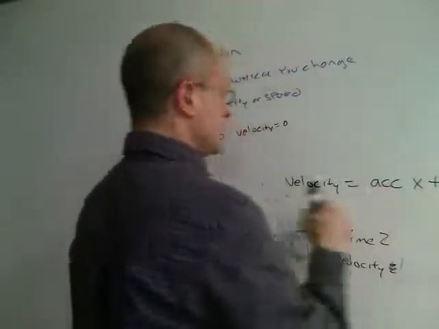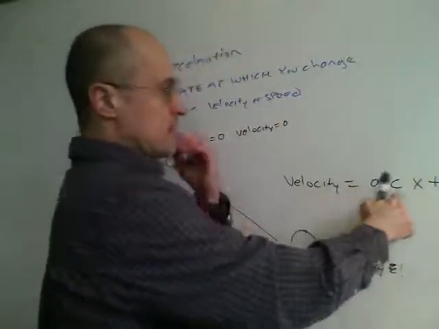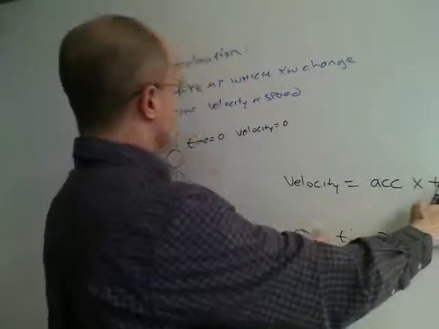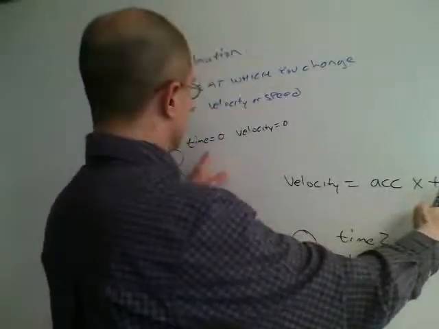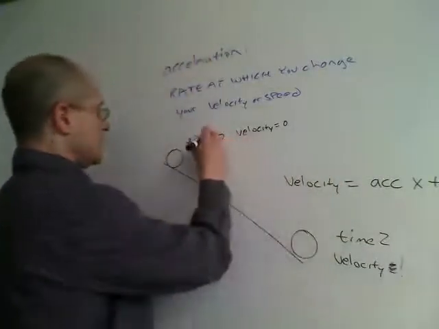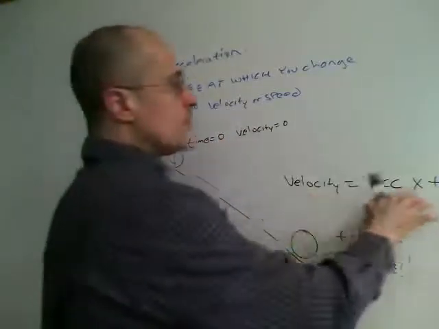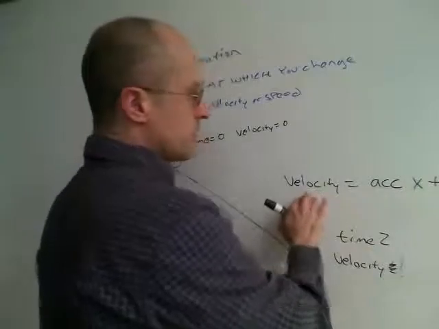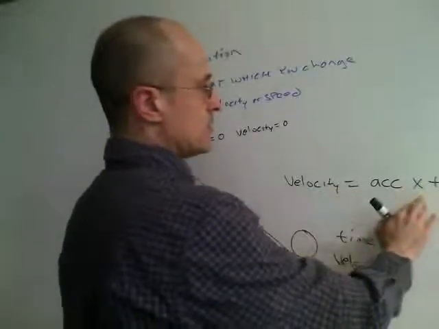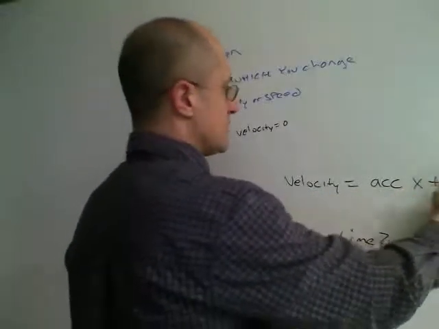So essentially, your velocity is equal to the acceleration times the amount of time, time 2 minus time 1, and that would be your new velocity. You could also think of your velocity as being the acceleration times the time that you apply it for.